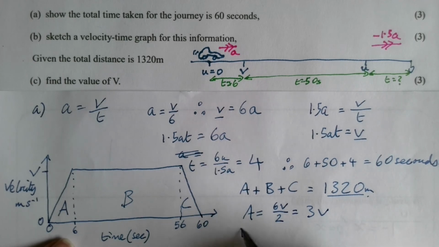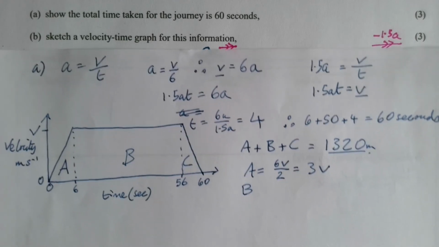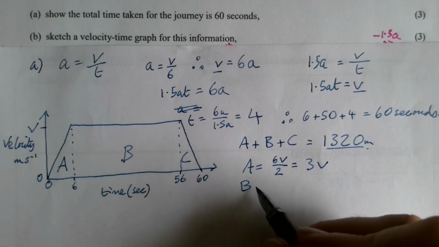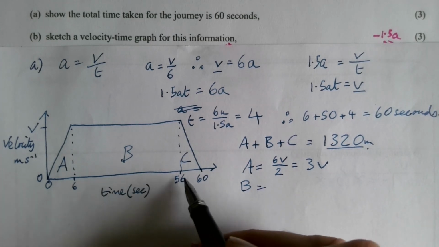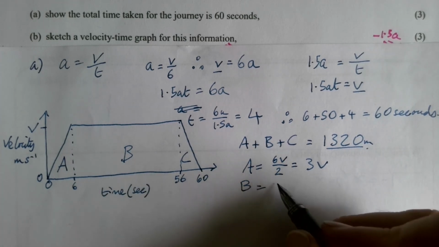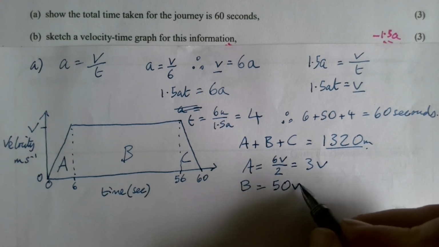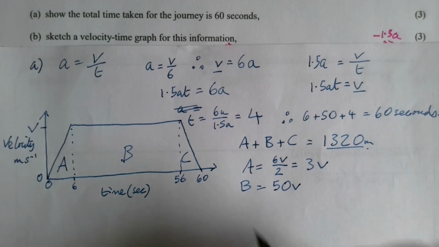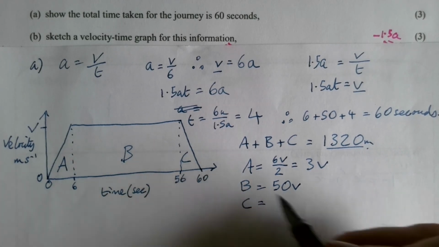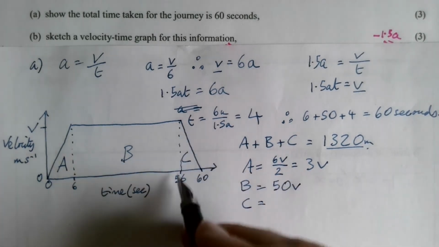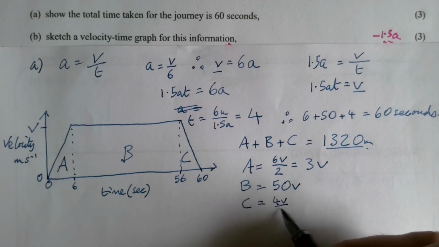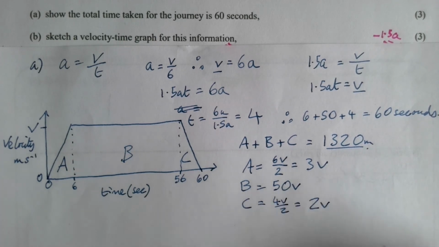Part B is going to be from 60 up to 56 is 50 seconds. 50 seconds times the velocity is just going to be 50V. And part C, well, that's 4 seconds for the base. The height is V again, so 4V over 2 is 2V.